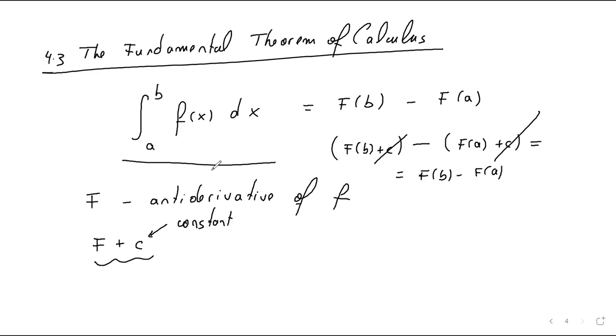And as an example, we're going to do examples of how to apply this theorem to various practical problems. I'm going to go back and do that problem that we did last time. Number 21 from section 4.2.